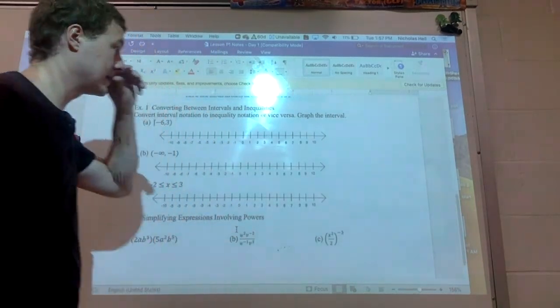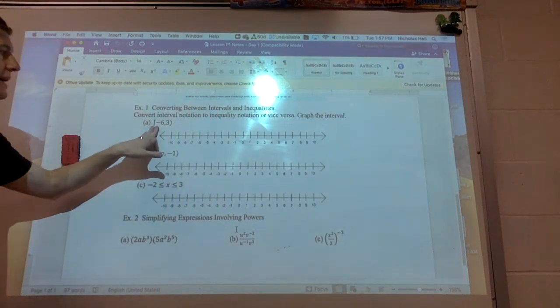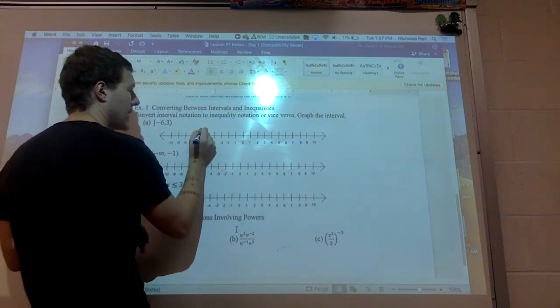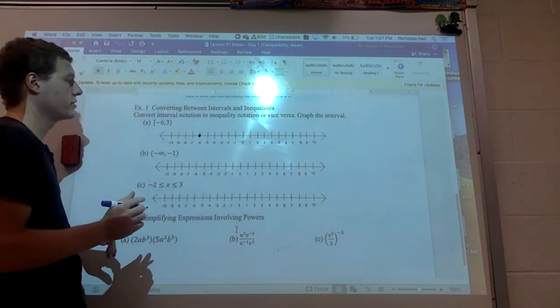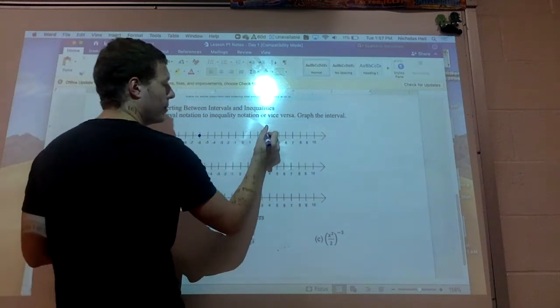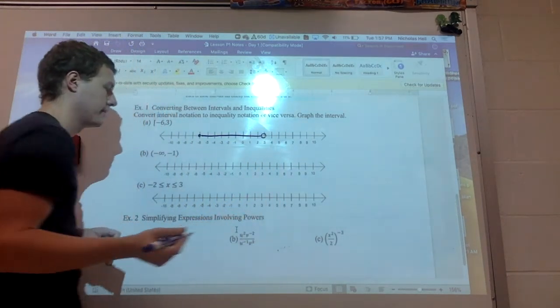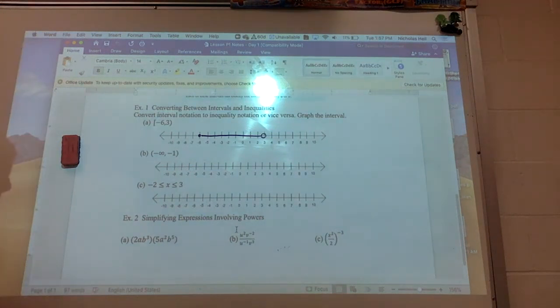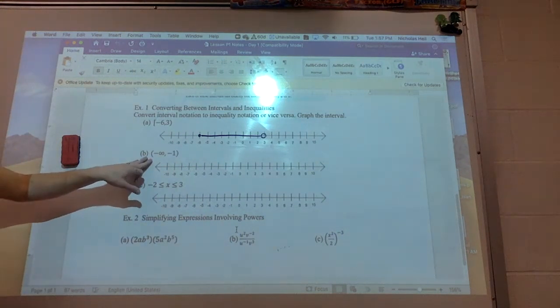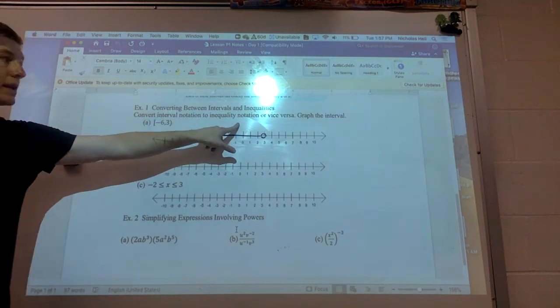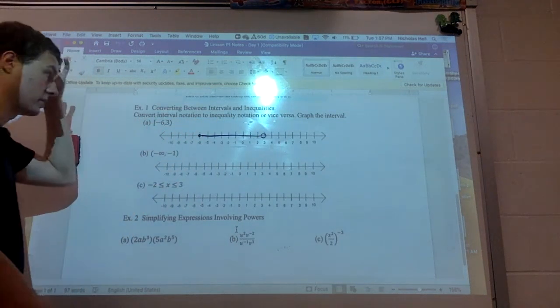So to try these out, we have a couple examples down here. Converting between intervals and inequalities. Here I'm going from -6 to +3. Well, -6 is included because it's a bracket, so I'm going to do a closed point there. +3 is open, and we want everything in between. Voila. That's it. Here I have, convert interval notation to inequality notation, or vice versa, and we're also going to graph that.